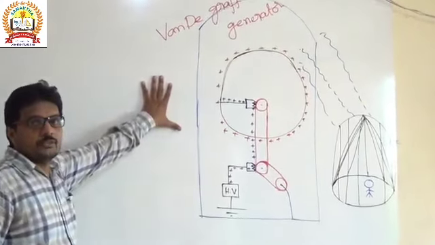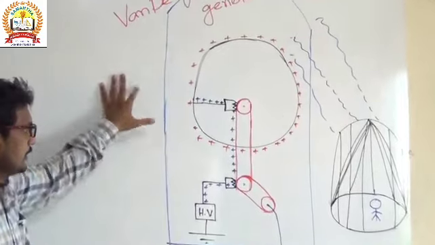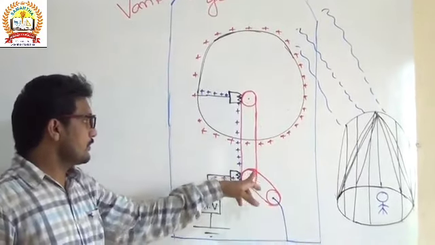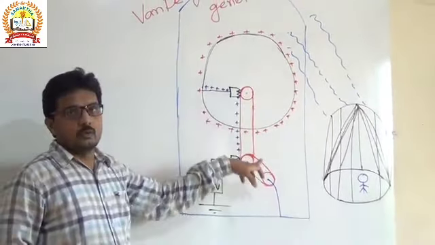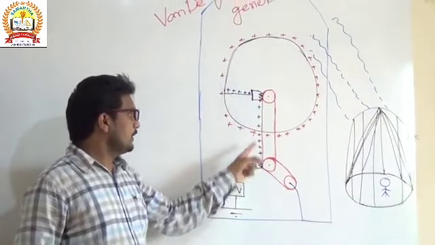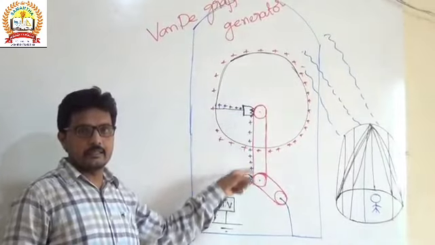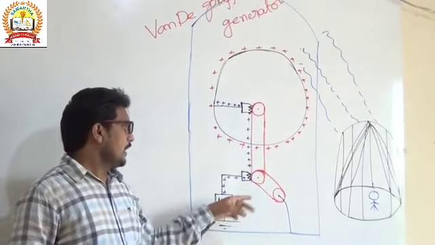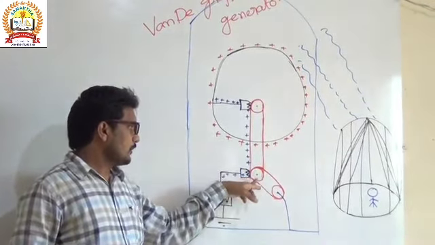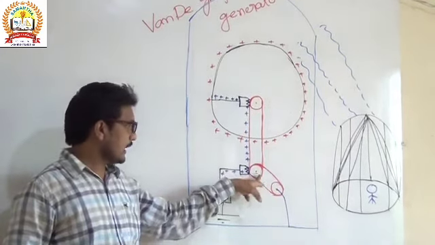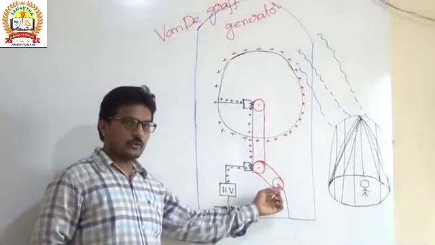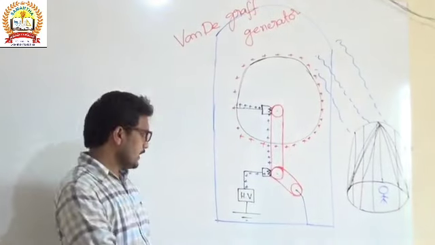In the Van de Graaff generator there are two wheels, and those two wheels are connected with a belt, like a rubber belt. The bottom wheel is connected with the motor. Here this is the motor, and the motor is rotating.